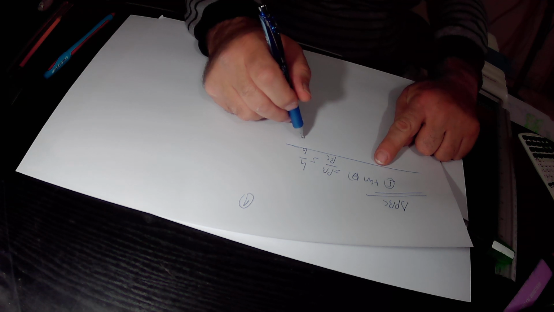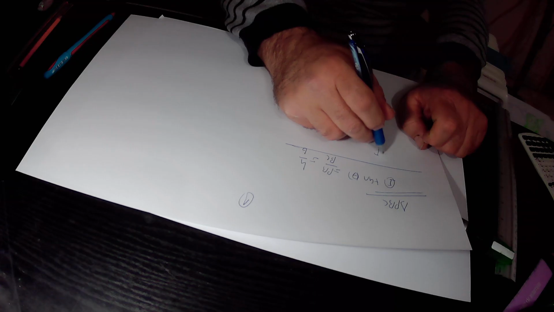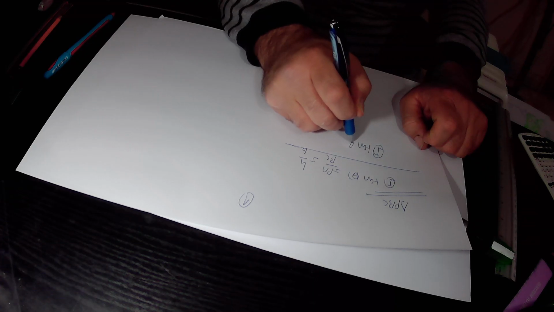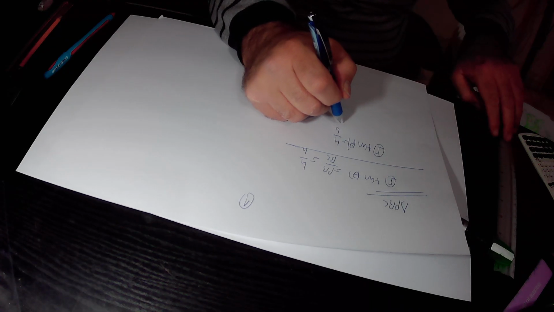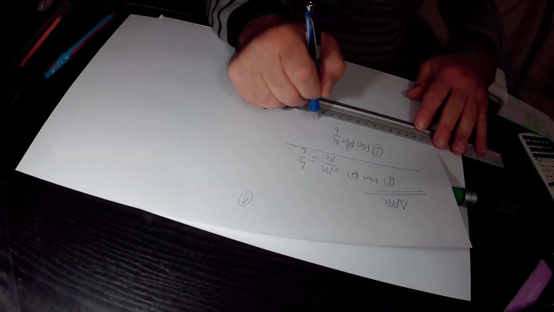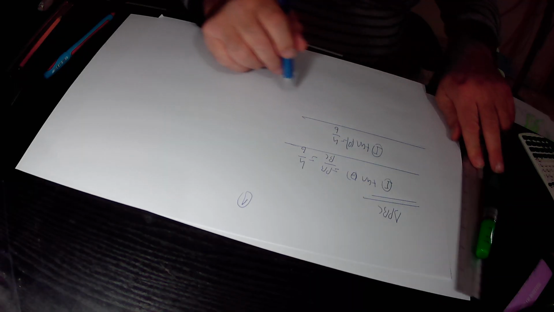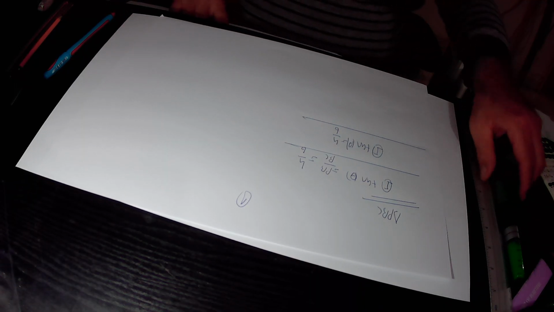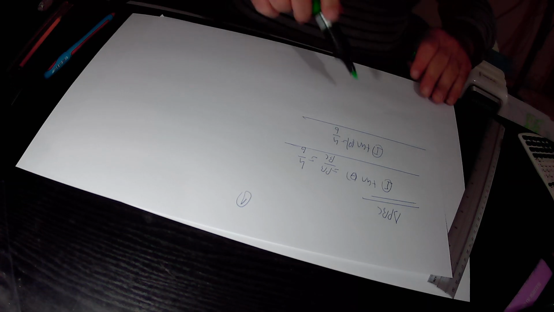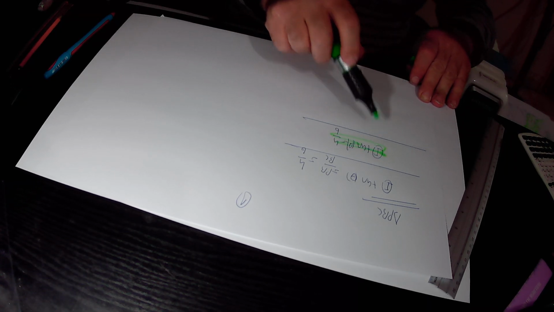So in total we found that tangent theta equals 4 over b. This is equation 1.